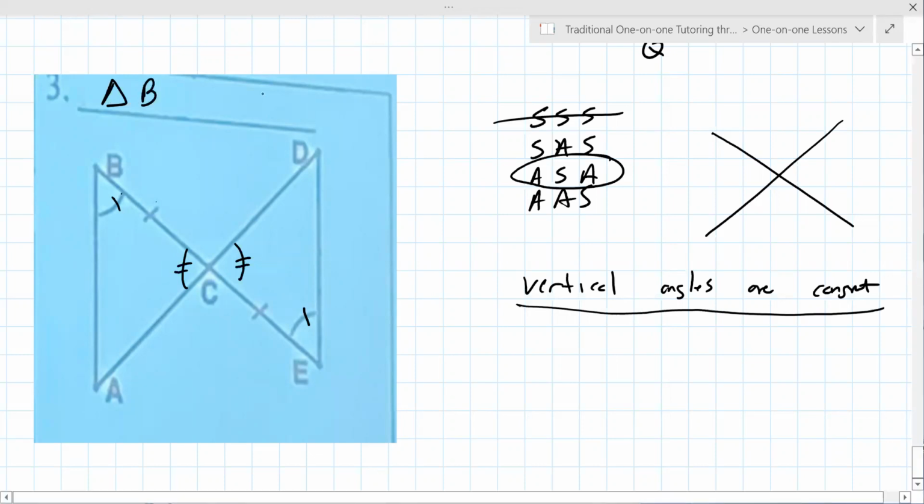B goes to E, B and E are the same. So choose a path from B in this triangle and match it up with a path from E in this other triangle. BAC congruent to EDC. That is correct.